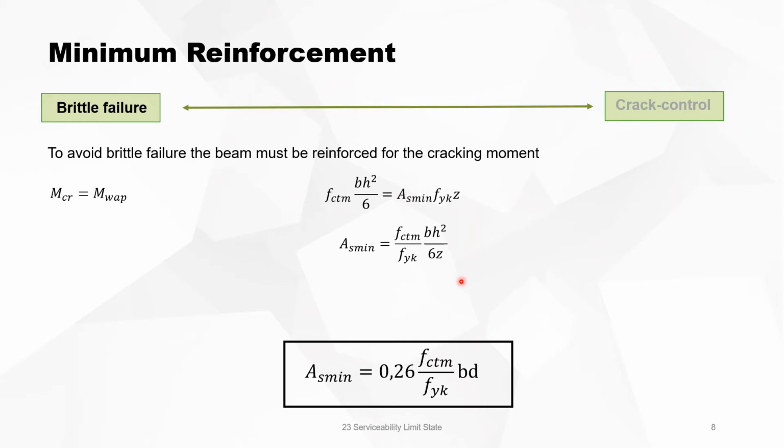And if you rearrange it, and then we assume that the effective depth is more or less 0.9 the total depth, and the lever arm is more or less 0.8 times the effective depth, and you fill this in this formula, then you arrive at a formula saying that the minimum reinforcement is 0.26 FCTM divided by FYK times BD.